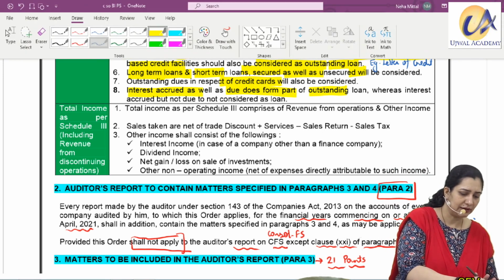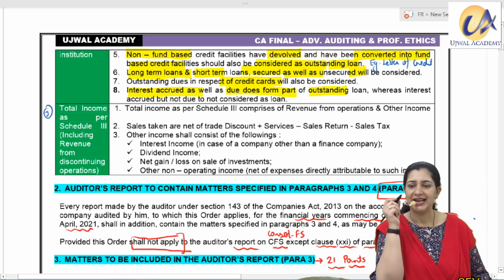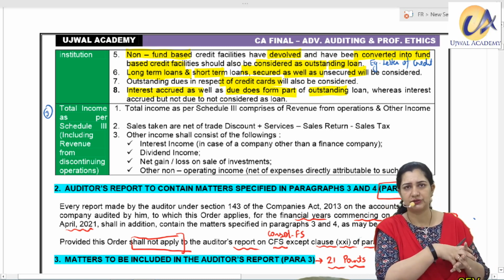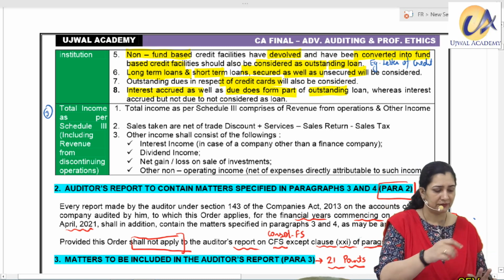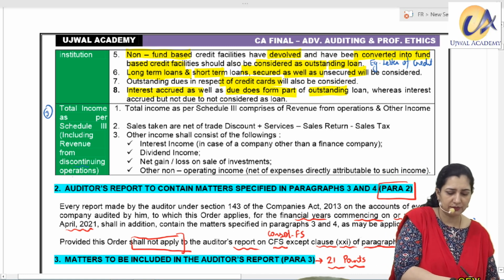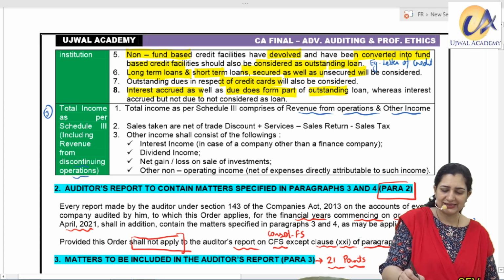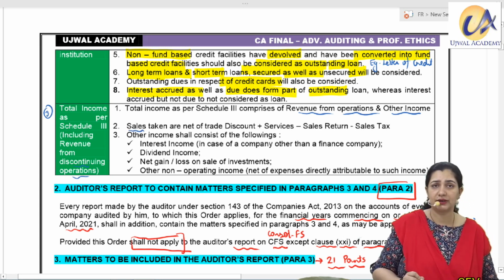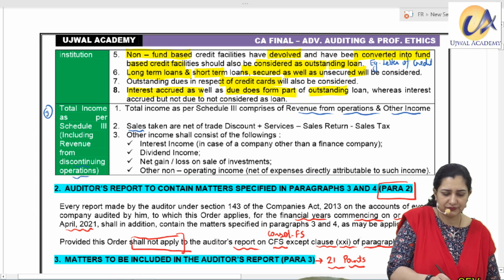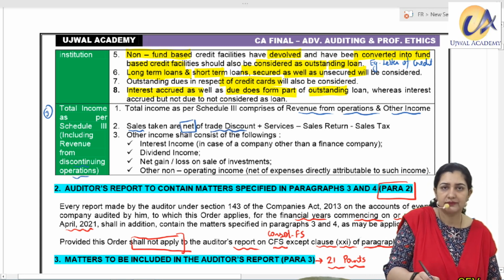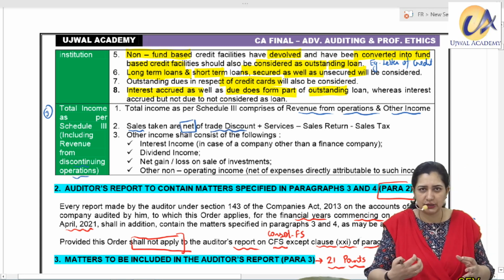And the third point we had is total income as per Schedule 3. When I say total income as per Schedule 3, we already said it includes revenue from discontinuing operations, revenue from operations, and other income. When I say sales, that is my turnover. It is net of trade discount, because we always show net of trade discount, right?